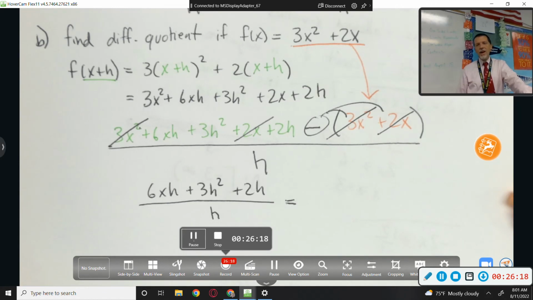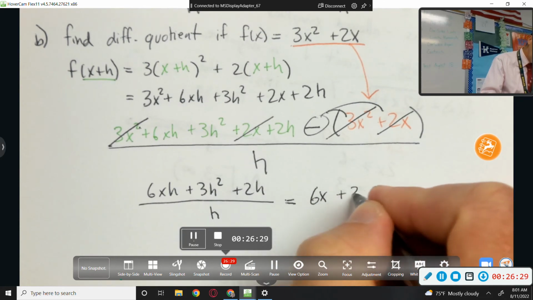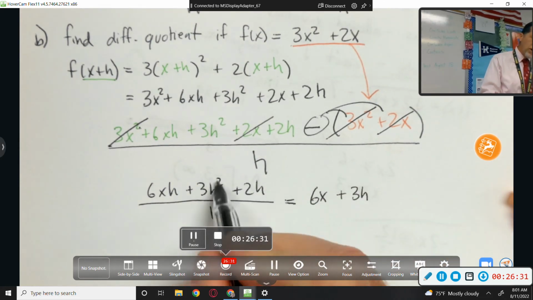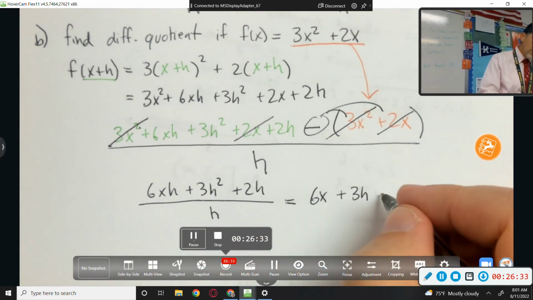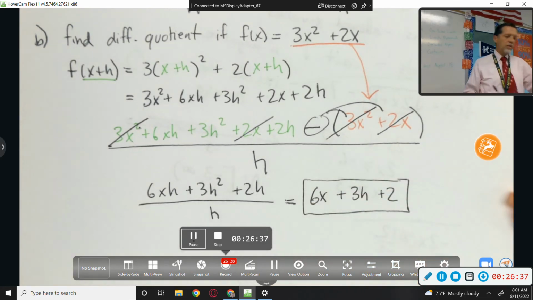Last time I factored out the h. This time I'm feeling adventurous, and I'll not factor it out. I can see that the h will divide into everybody. So 6x plus 3h. Be careful, because the h squared, one of them cancels. And then plus 2. And so there's my difference quotient.